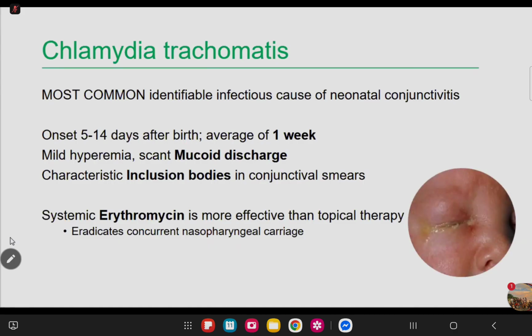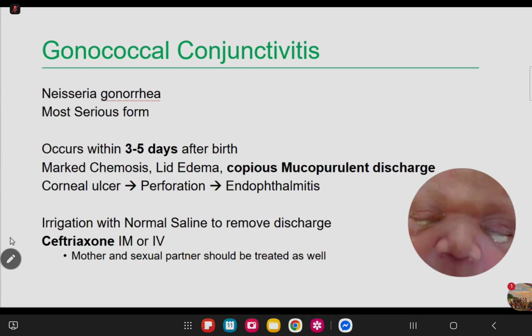Chlamydia trachomatis can also coexist with gonococcal conjunctivitis, since both etiologic agents are coming from a sexually transmitted disease or infection.